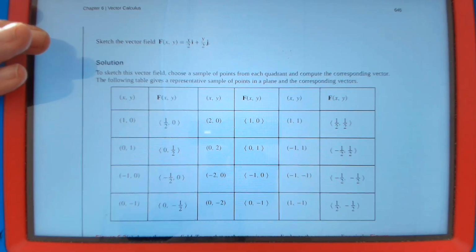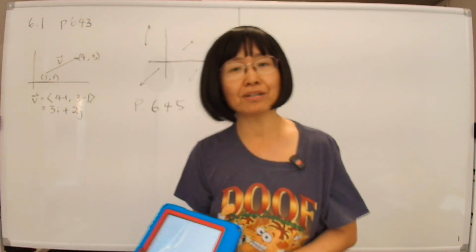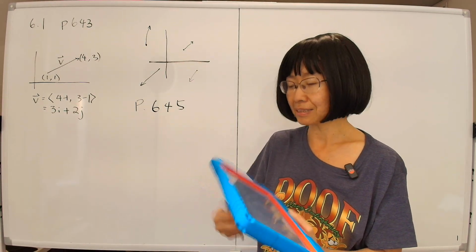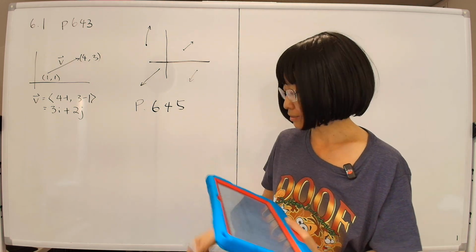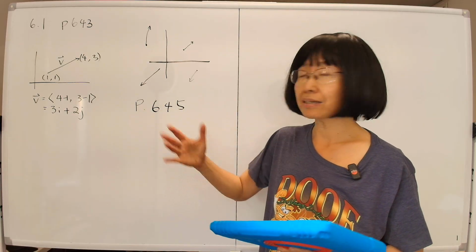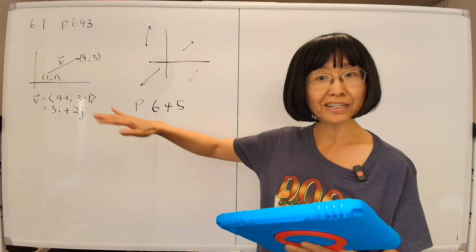It is x over 2 i plus y over 2 j. Now, when you imagine drawing this for values of x and y, you notice that x and y are the same value, so you can calculate its slope to see that it goes exactly straight out of there.